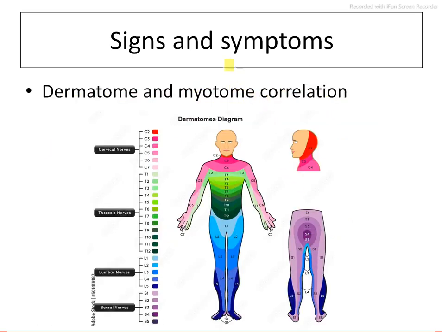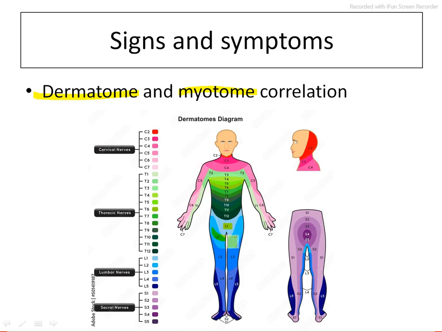Now, in this radiculopathy, we need to learn about dermatome and myotome. So all the pain, motor and sensory disturbances that we find take place at the level of dermatomes and myotomes. So you see here, this is your L1 level.